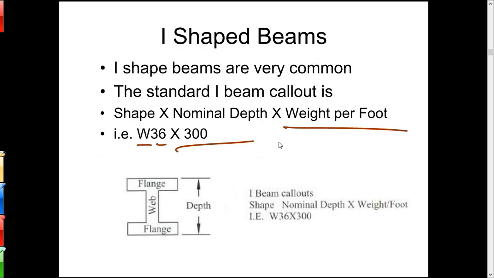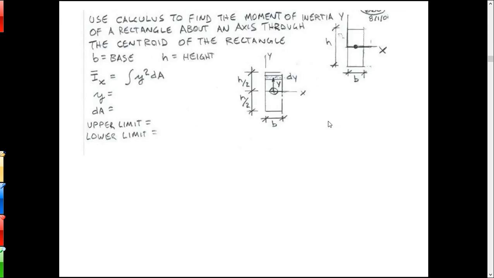All right, so we want to be able to calculate this. And we can start off where we could figure out the moment of inertia of a rectangular beam. Now, when you do this, you set up a differential area that runs parallel to the axis.